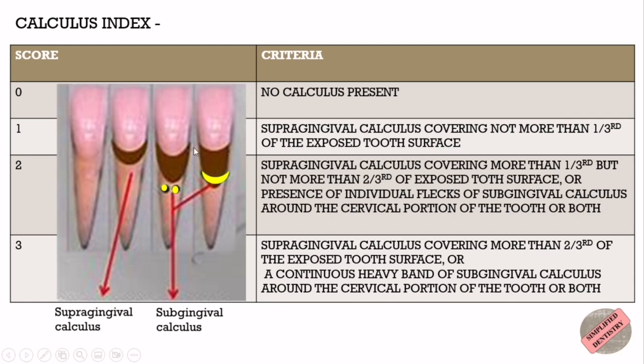Score 2 means supragingival calculus covering more than 1/3 but less than 2/3 of the exposed tooth surface, or there is presence of individual flecks of subgingival calculus around the cervical portion of the tooth, or both. And score 3 means supragingival calculus covering more than 2/3 of the exposed tooth surface, or a continuous heavy band of subgingival calculus around the cervical portion of the tooth, or both.